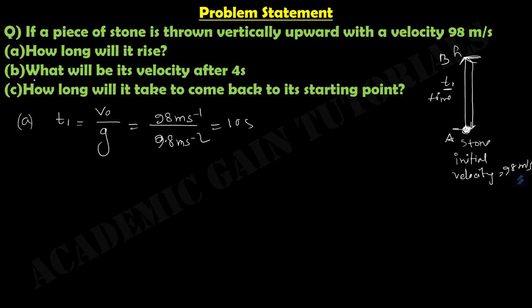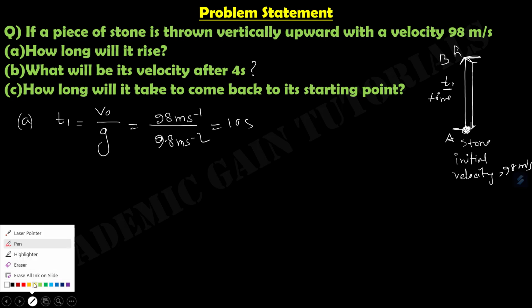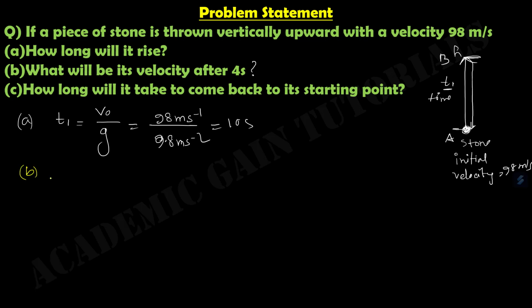Now the second question. What will be its velocity after 4 seconds? We know the equation for a vertically thrown upwards body is v equals v naught minus g t. Here I have to find this v after t equals 4 seconds.